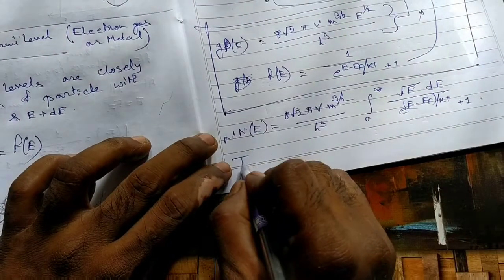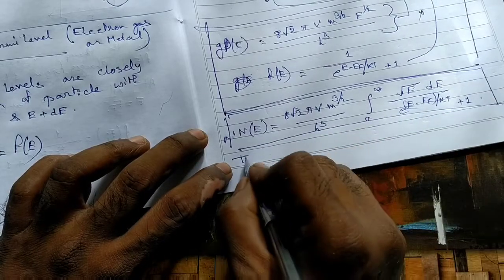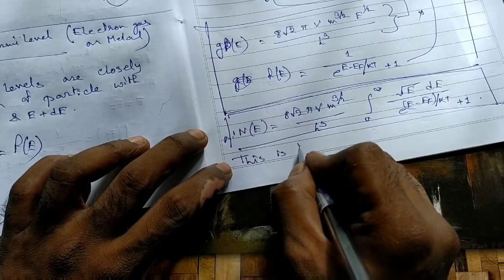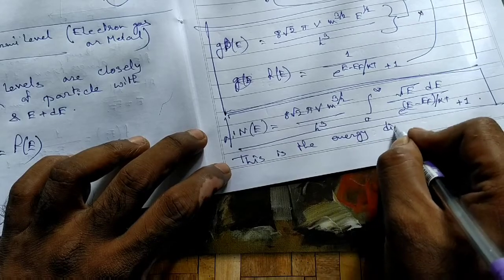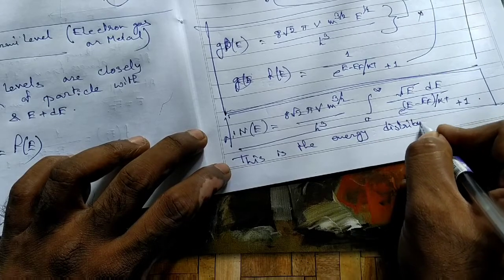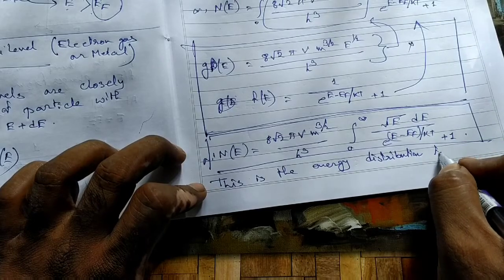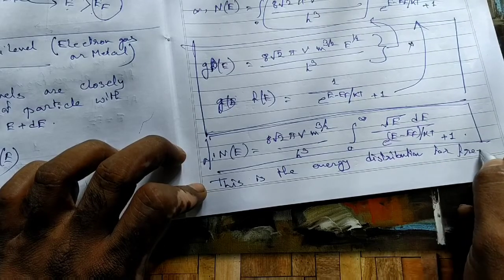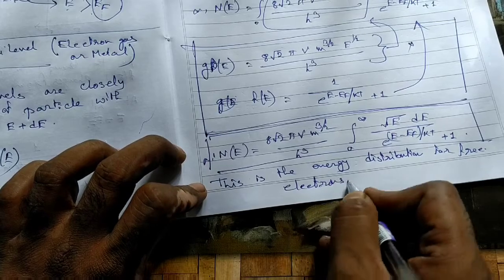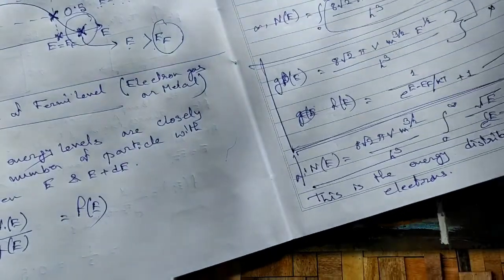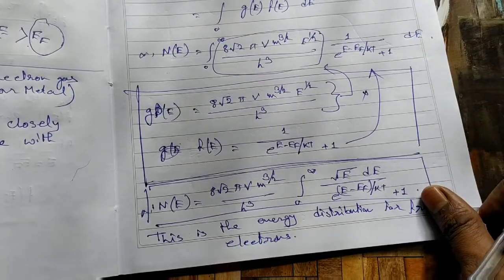So this is the energy distribution for free electrons. Okay, for free electrons.